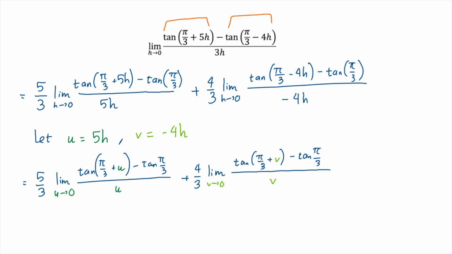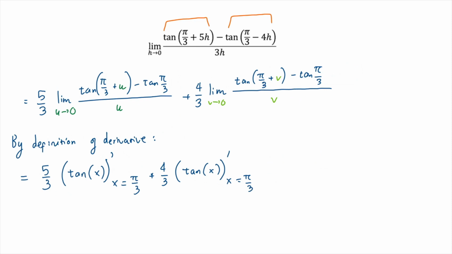So, by the definition of derivative, this is equal to 5 over 3 times the derivative of tan x at x equals π/3, plus 4 over 3 times the derivative of tan x at x equals π/3.